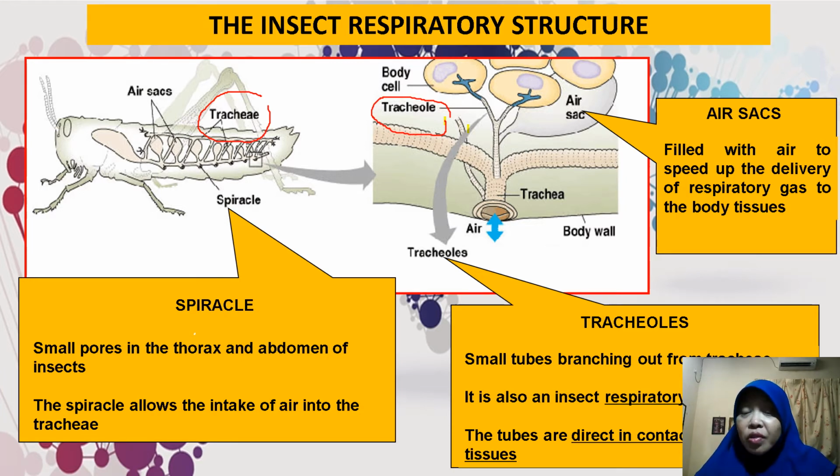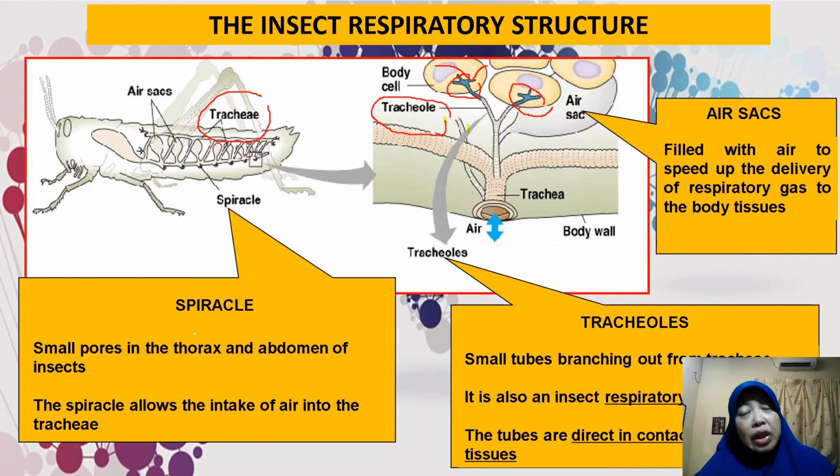When the gases, or the oxygen, reach the end of the tracheole, they simply diffuse into the body cells. The reason is that, as you can see, the tips of the tracheoles are in direct contact with the body tissues, therefore allowing direct diffusion of oxygen into the body tissues without being transported by blood.